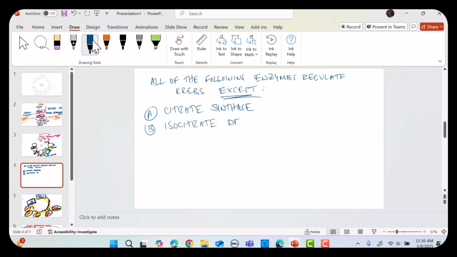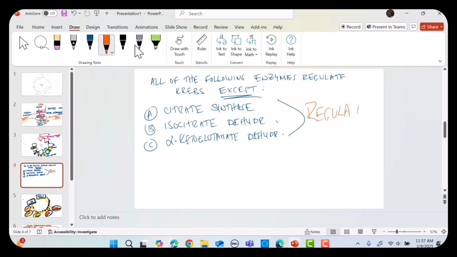Because remember, it's an except question. I'm not going to write it all out. You get the point. Alpha ketoglutarate dehydrogenase. Regulatory, no one argues. So these three, they're regulatory. No matter what book you're reading, whatever.